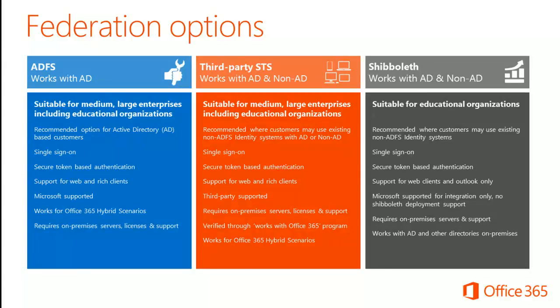But we've also wanted to make sure that we could work with some non-AD options as well. And so we have some Works with 365 partners, such as Ping, that we're working with to enable more federation. We're also working closely with IBM and Oracle, Novell, and a few others to take their WS-Star implementations of federation as well.